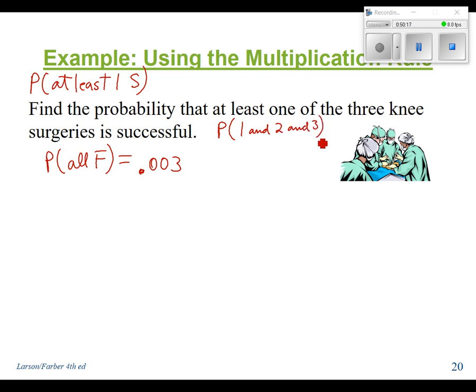So if we did all the failures, which we did a second ago, everything else other than the failures is one success or two successes or three successes. So all we'd have to do here is take 1 minus that, 1 minus 0.003, and what does that come out to be?